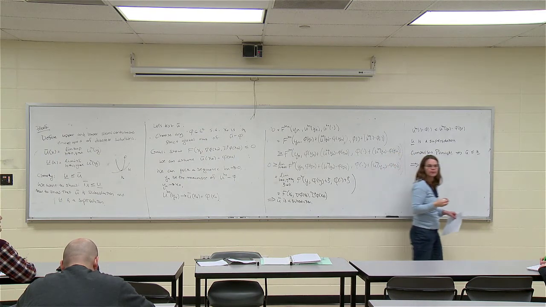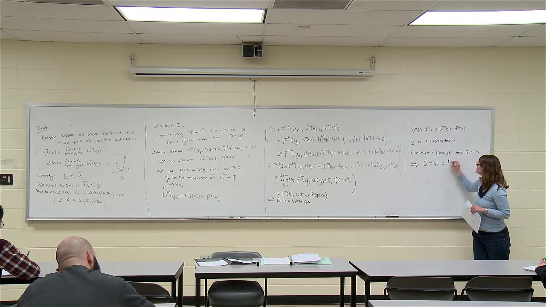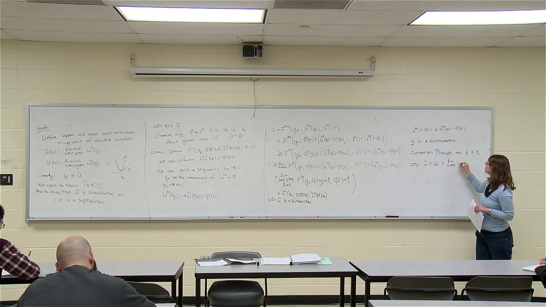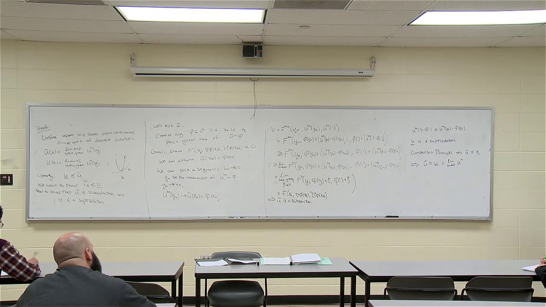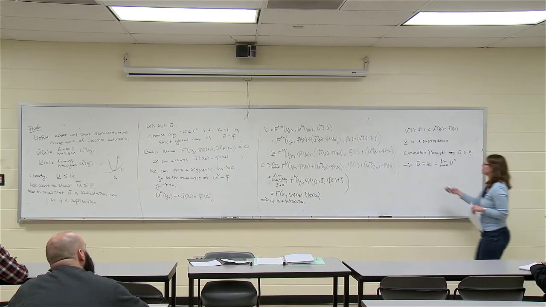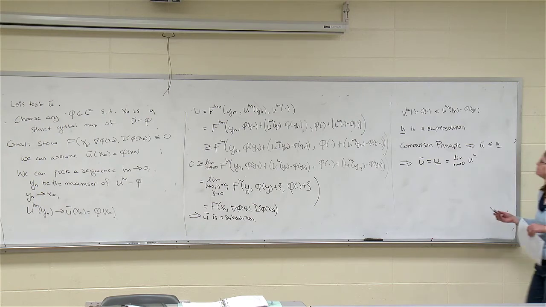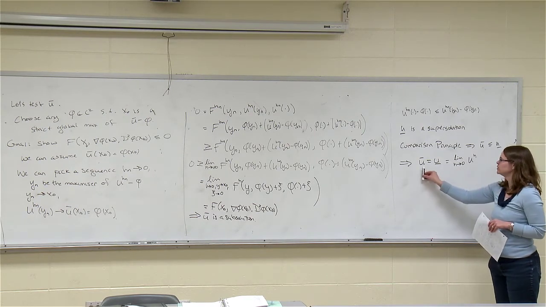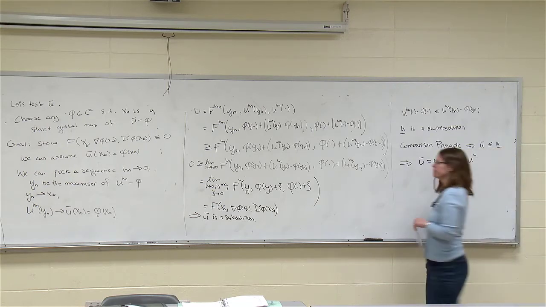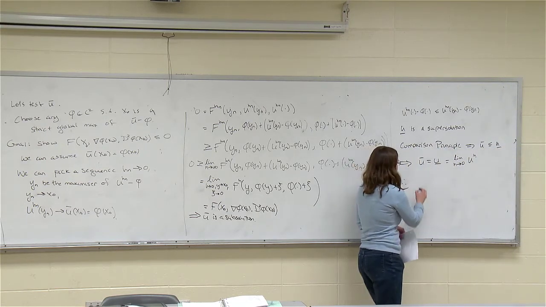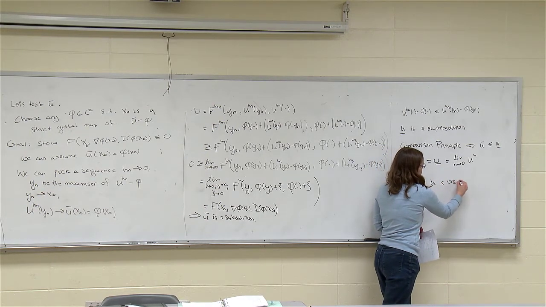The lower envelope and upper envelope are both the same. In particular, they must be equal to the limit as h goes to 0 of u_h. That limit exists now because it's sandwiched in between two things that are the same. And this limit is equal to this, which is a subsolution. It's equal to this, which is a supersolution. So, in fact, this is a viscosity solution.